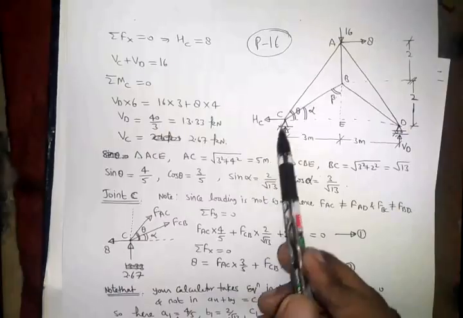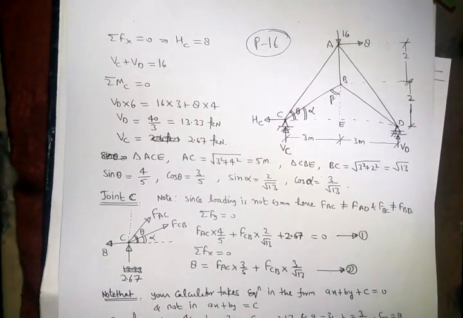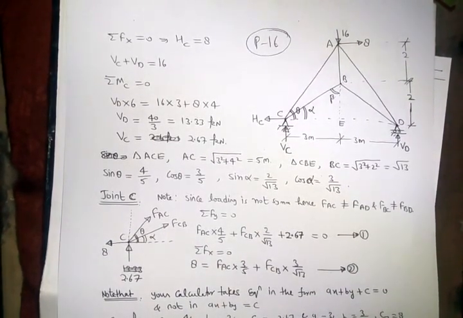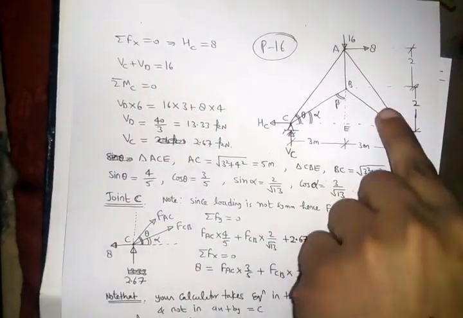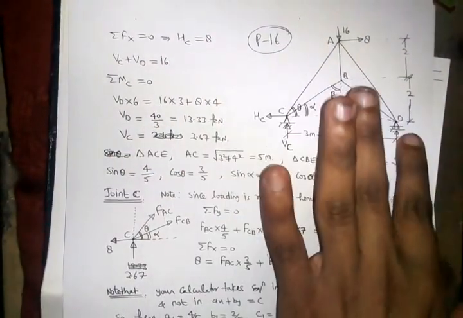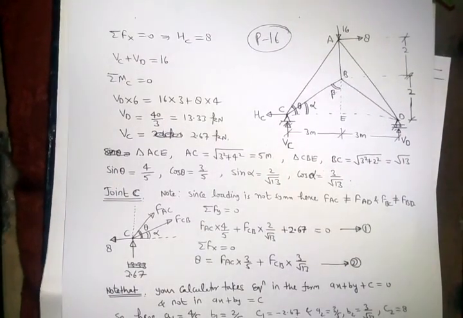However, we can take the direction in this direction also; the answer will be negative, but in the other case the answer will be positive. See, use equation 1: summation Fx equal to 0, means force in this direction equal to force in this direction. Force in this direction is HC only, and in the other direction is 8. So HC equal to 8.